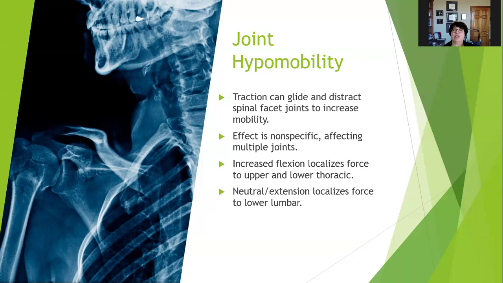Neutral or extension localizes the force to lower lumbar. So if you have joint hypermobility in the lower lumbar area, you want to do traction in neutral or in lumbar extension. So the angle that you do it at is going to change. If you want to do the upper and lower thoracic, you want more flexion.